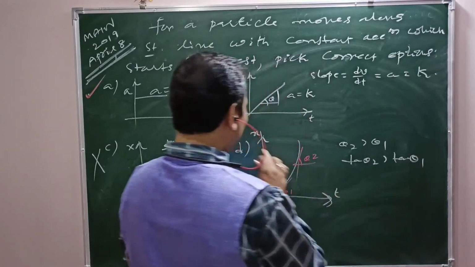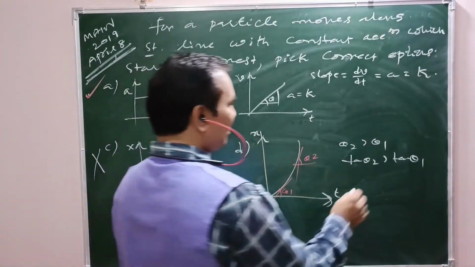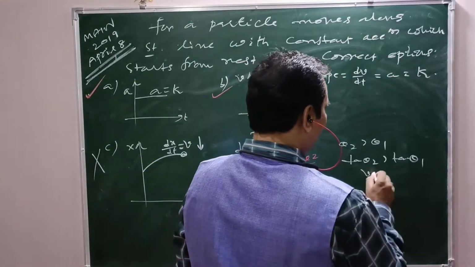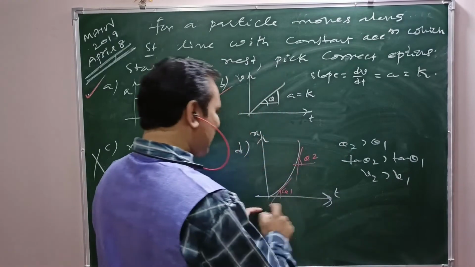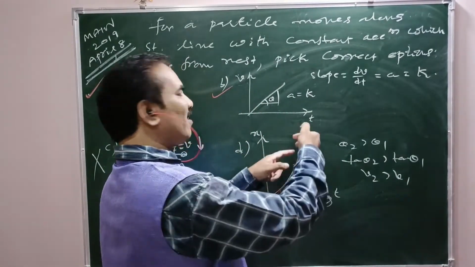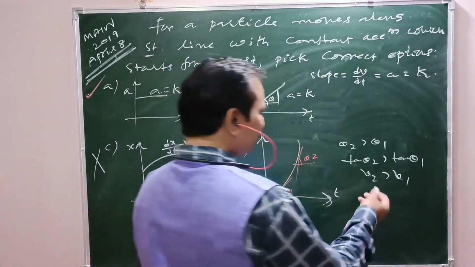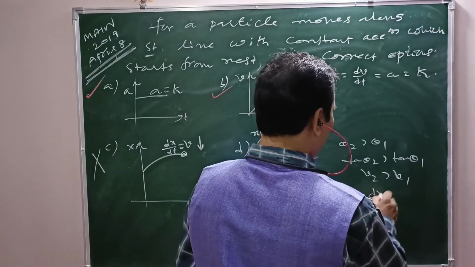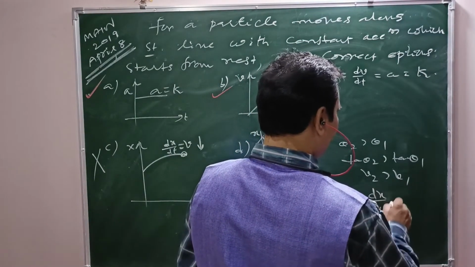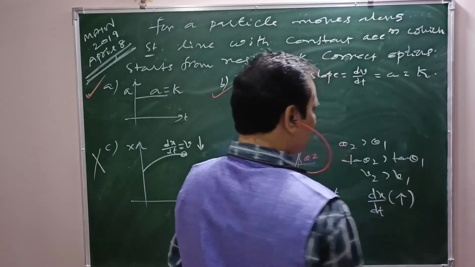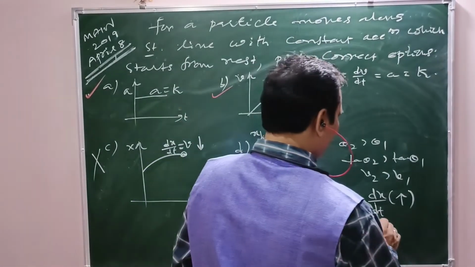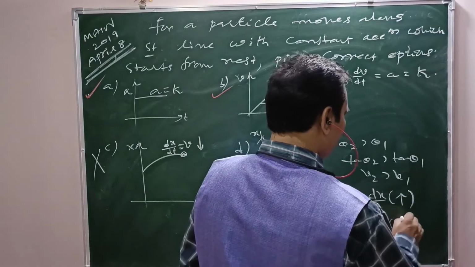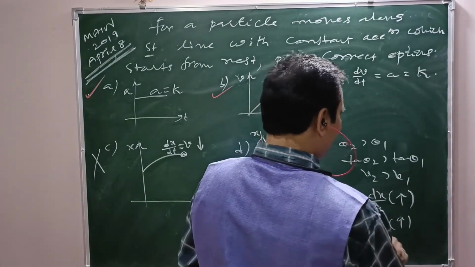Tan theta means dx by dt, meaning velocity. V2 is greater than V1. So as time goes on, speed is increasing at a constant rate. Acceleration is constant.